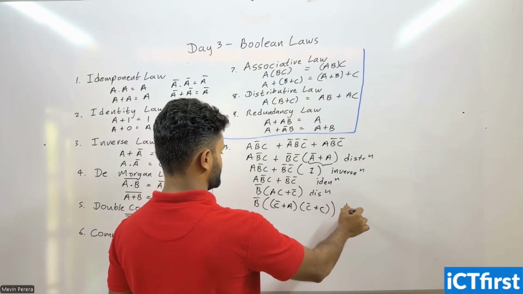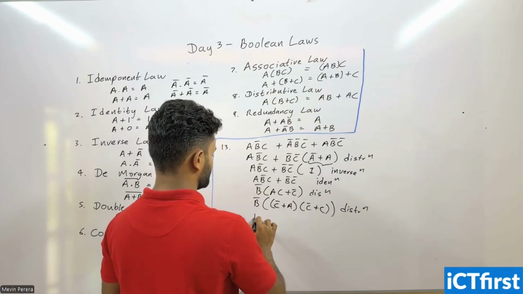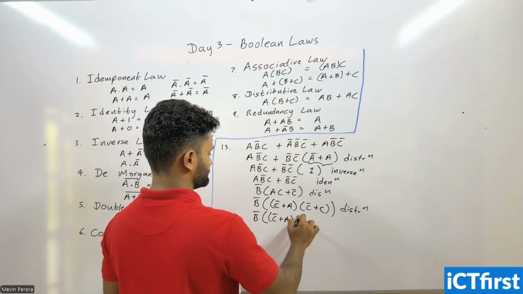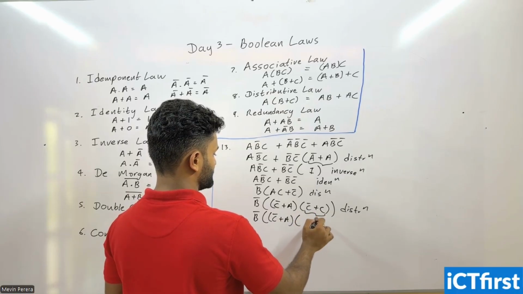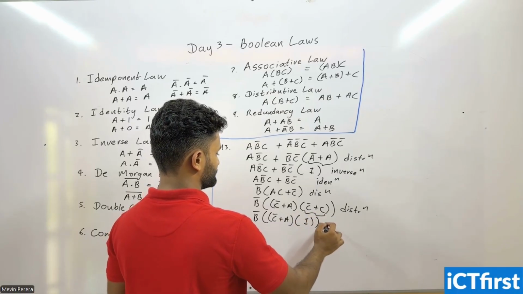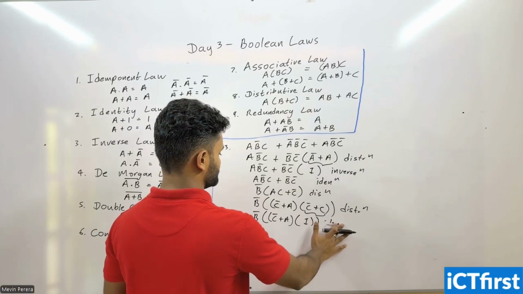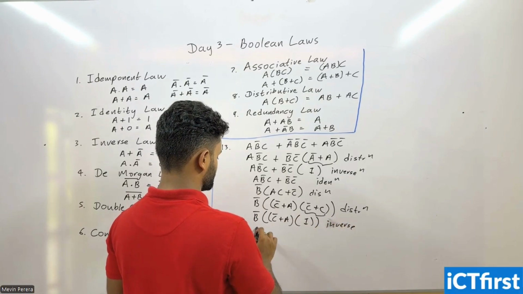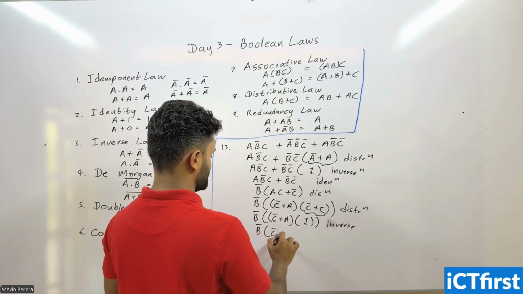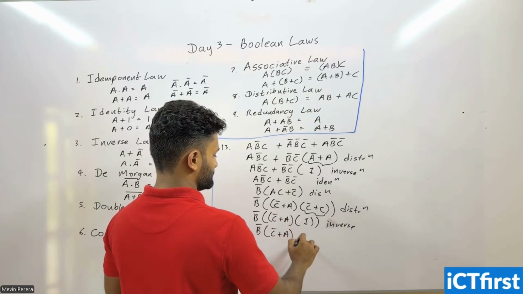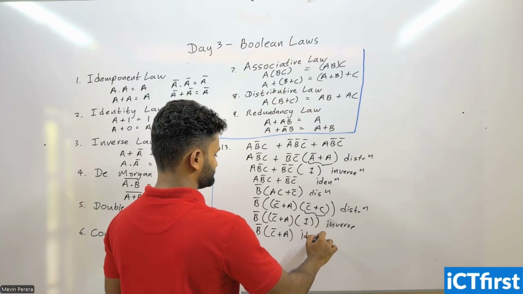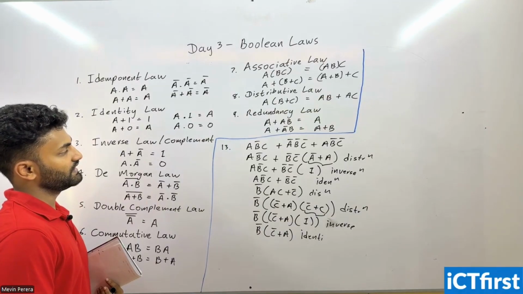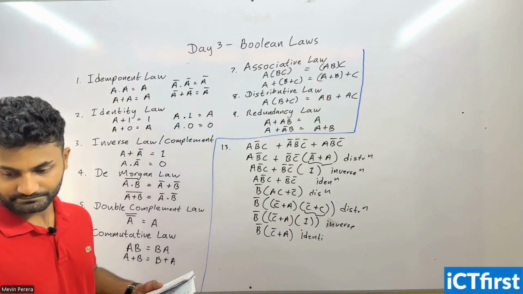So that was the distributive law. And C bar plus A. This becomes 1. That is no, not identity, inverse law. B bar C bar plus A. That is identity law. Right? So this is the final answer for the 13th one.